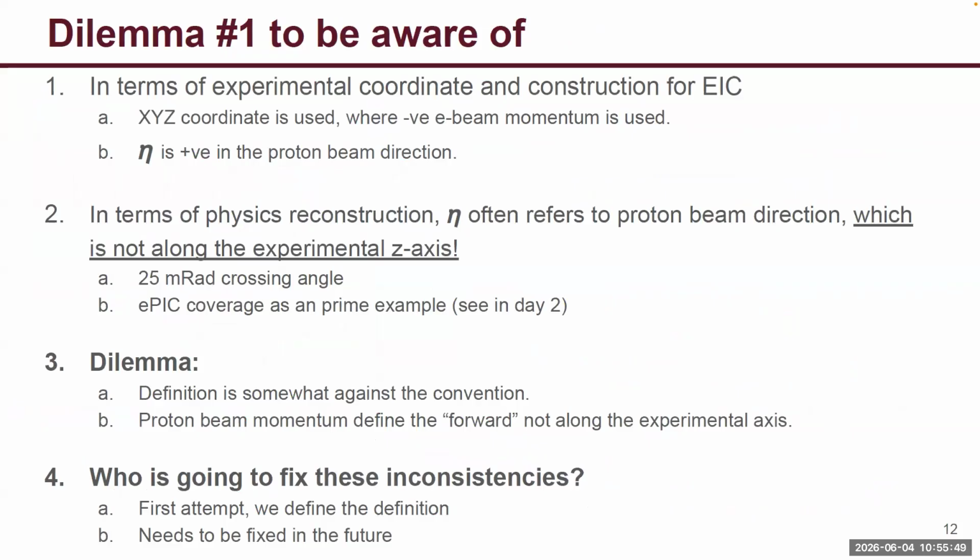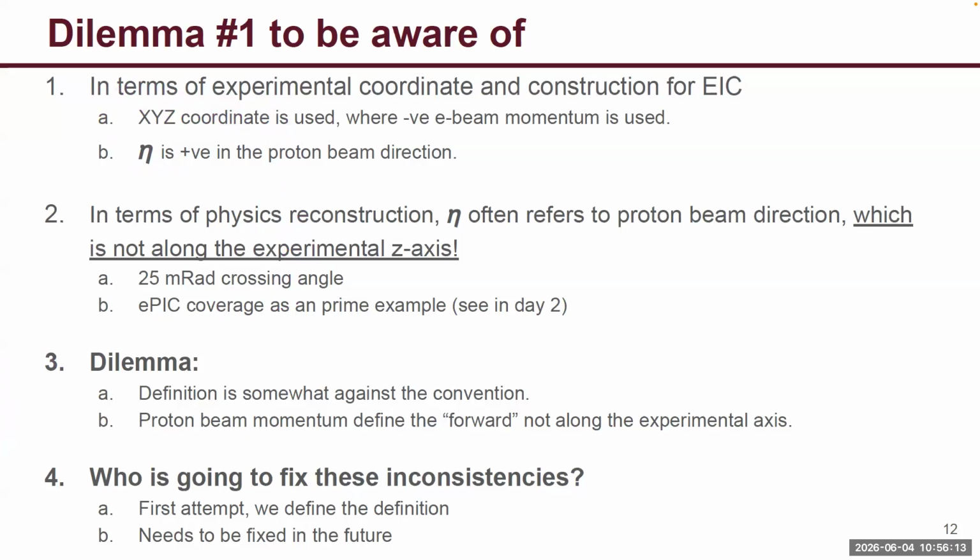Okay. So I think we talked about the experimental coordinates of the EIC, X, Y, Z. I hope that now you have a better understanding, when we talk about the X, Y, Z coordinates, of what is what at the EIC. And we talked about what is forward and how the forwardness is measured using the pseudorapidity.